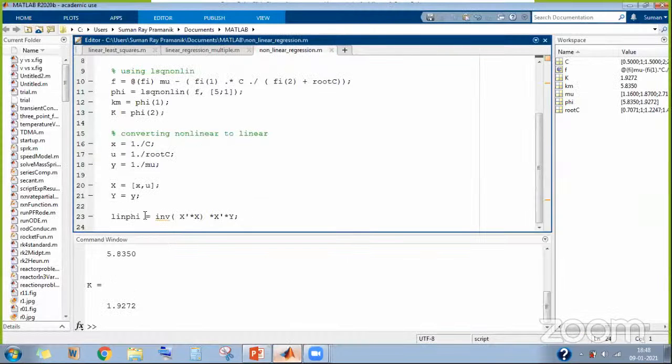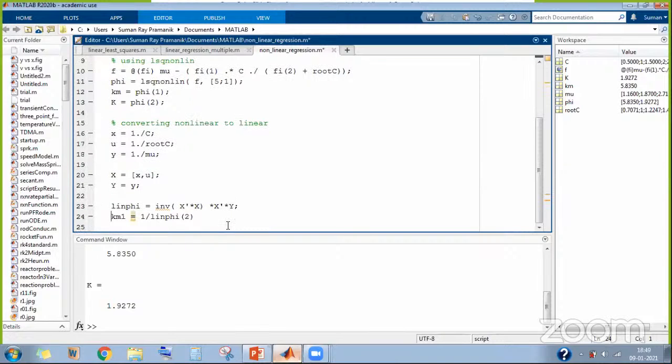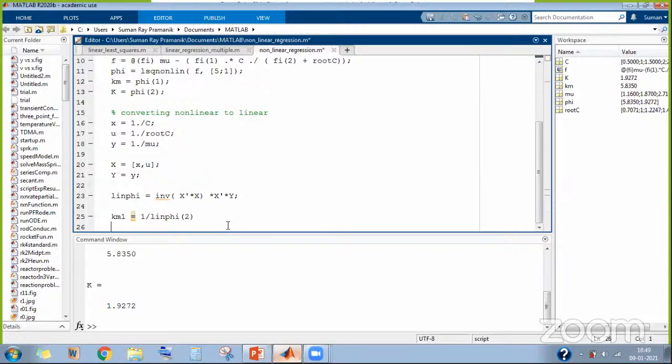Because b is the second element of ln phi, my km, let's say km1 here, will be 1 over ln phi of 2, because ln phi of 2 gives me the element b. And for getting capital K, let's say K1, because we have already created one capital K.